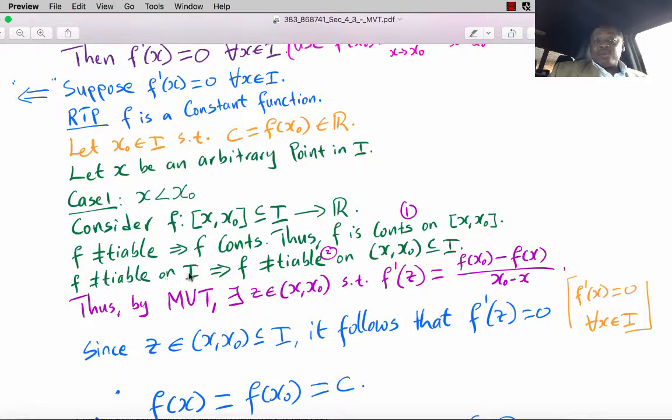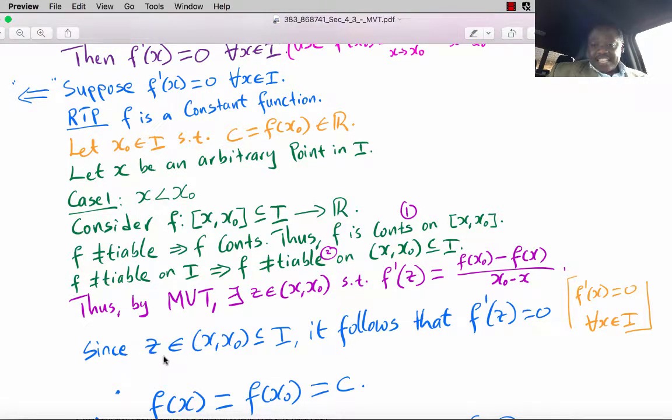Also, f is differentiable on I means f would be differentiable on the open interval between x and x naught, which is a subset of I. Therefore, by the mean value theorem, there exists a point z in the open interval between x and x naught such that f prime at z equals f of x naught minus f of x divided by x naught minus x.